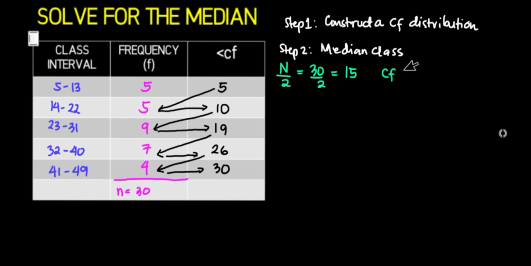Hahanap po tayo ng CF na kung saan greater than or equal to 15. At least po, yung pinakamalapit po kay 15, pero mas mataas sa kanya. Tingin po tayo dito sa CF. Malapit po sa 15, pero mas mataas sa kanya. Ang nakuha po natin is 19.